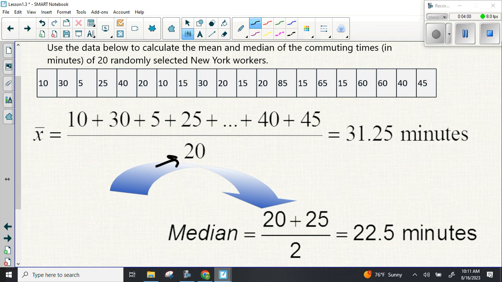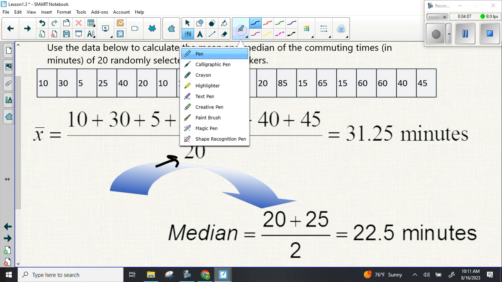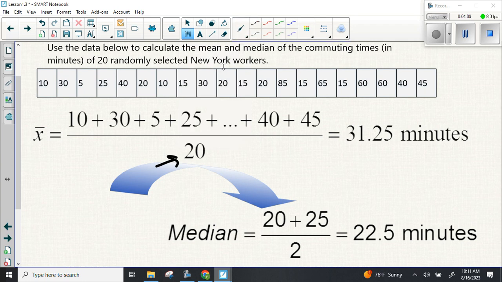Forgetting I'm recording a video and you can't see where I point. But let's count in. The middle of this is going to be 10 and 10: 1, 2, 3, 4, 5, 6, 7, 8, 9, 10. So the middle is actually right there.